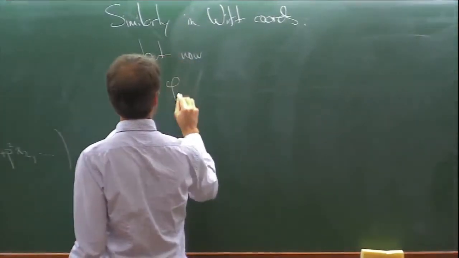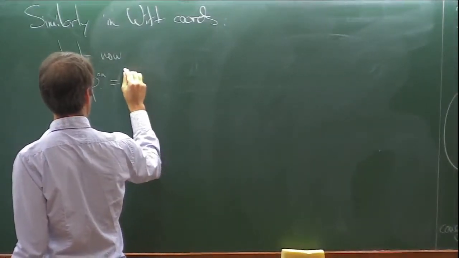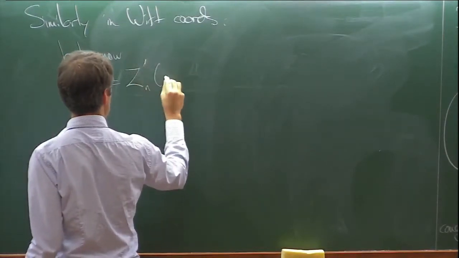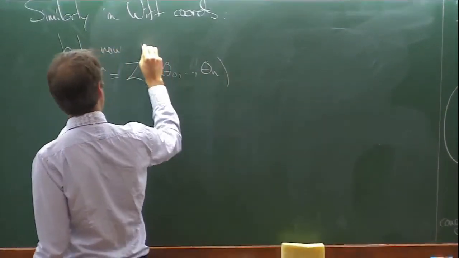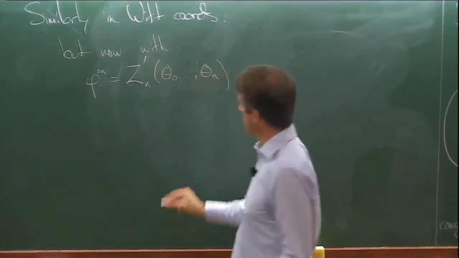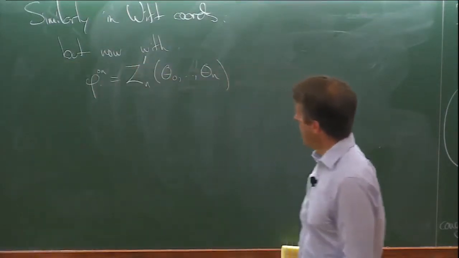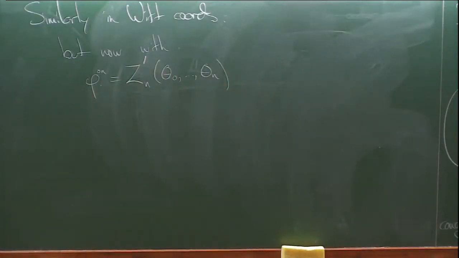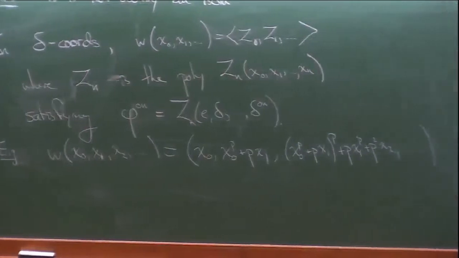But now phi n is, maybe I'll put a prime to denote Witt, but now with a different polynomial expression. But now we basically come to one of the few, in my humble opinion, advantages of the Witt coordinates, which is that these are closed form polynomials.